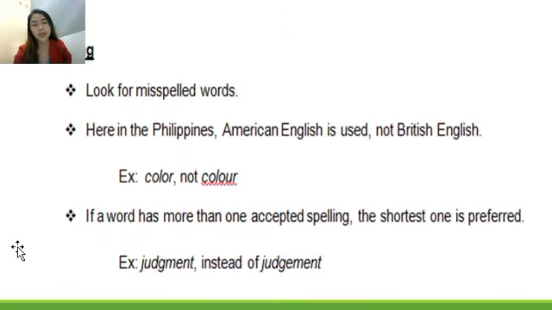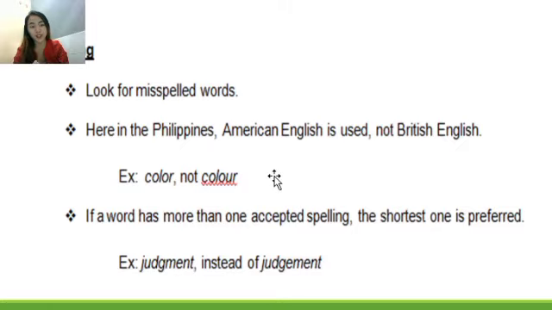And then for the spelling, look for misspelled words. Here in the Philippines, American English is used, not British English, okay? So color, not colour, okay? So minsan, for students na gusto nila British English, lahat ng words nila, okay lang yun.